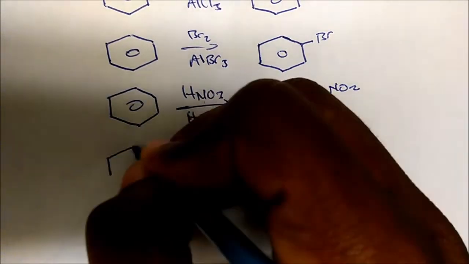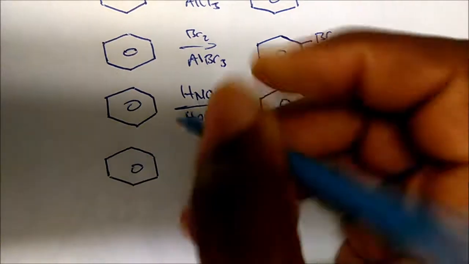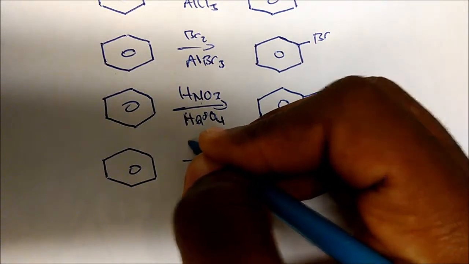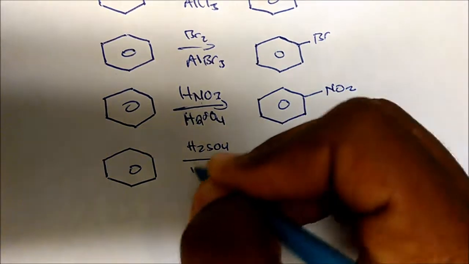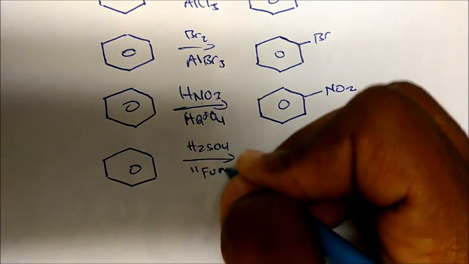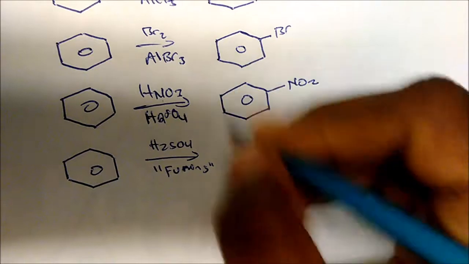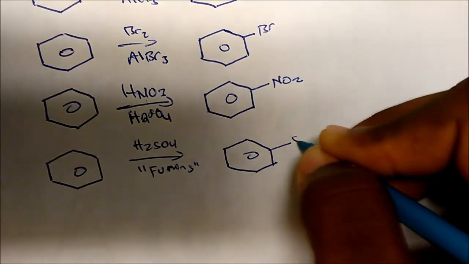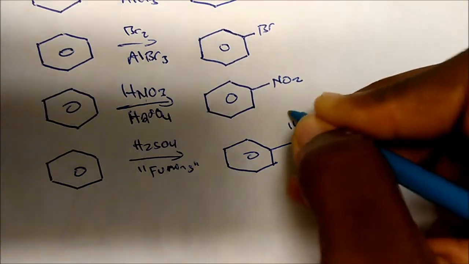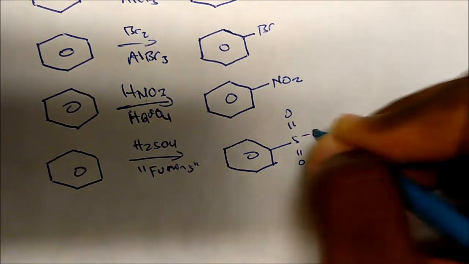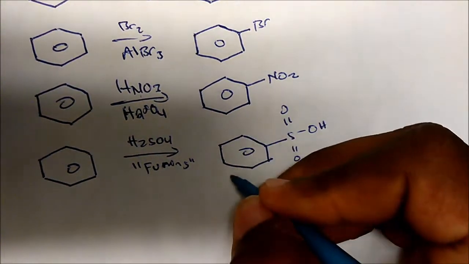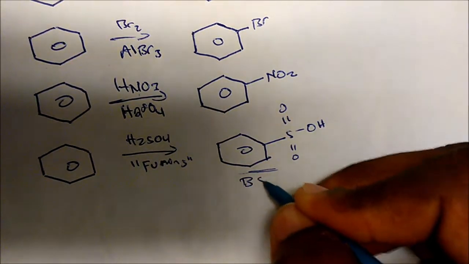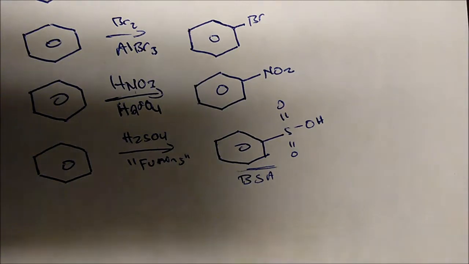So just remember that whenever I take sulfuric acid and nitric acid, I'm going to get a nitro group. So what if I take benzene and then react it with sulfuric acid, which is fuming, very hot? I will get this product. This is called benzene sulfonic acid, BSA.